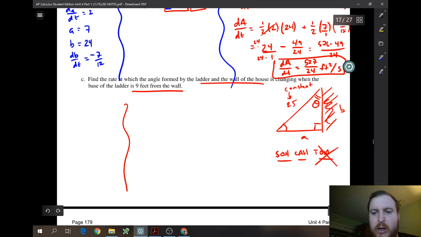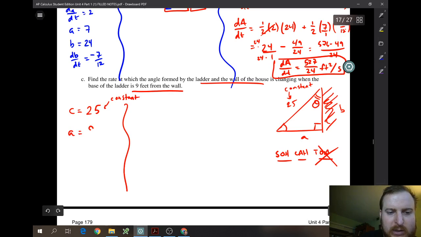That would be really silly to use because we have the constant 25 as the hypotenuse. And then when they gave us the base of the ladder is 9 feet from the wall, is that our A or is that our B? So if we look at our picture, the base of the ladder in this case would be the A that I wrote in. So we know that A is 9. So we're going to want to use something that has A and has 25.